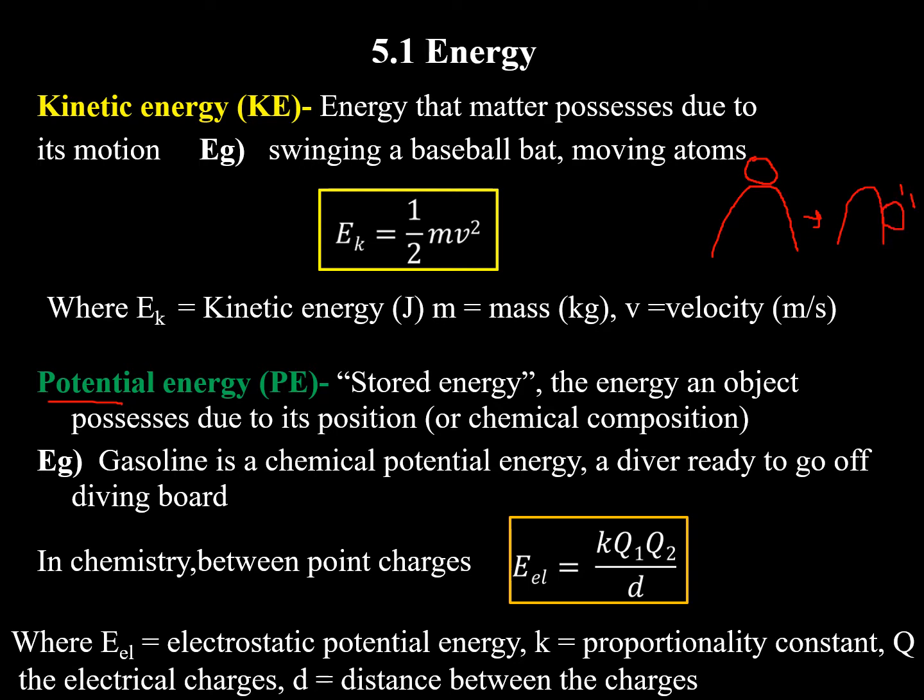We have lots of kinetic energy. The ball is moving. And we have very low potential energy in this instance. We won't work too much with these two equations, E equals half mv squared, or E equals kqq over d. But just keep in mind the two ideas of kinetic energy and potential energy.